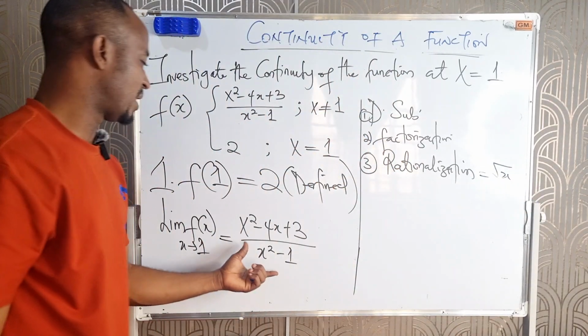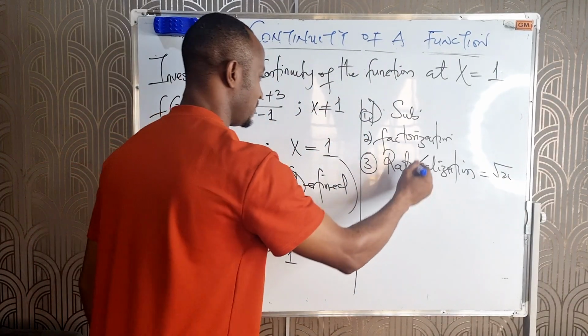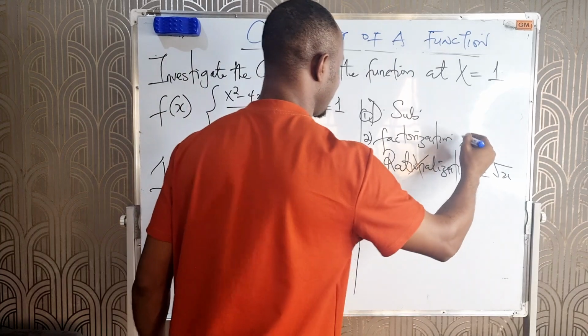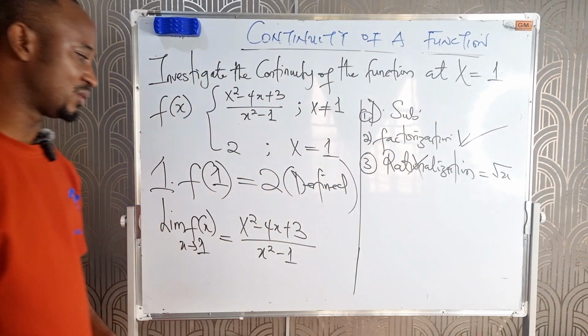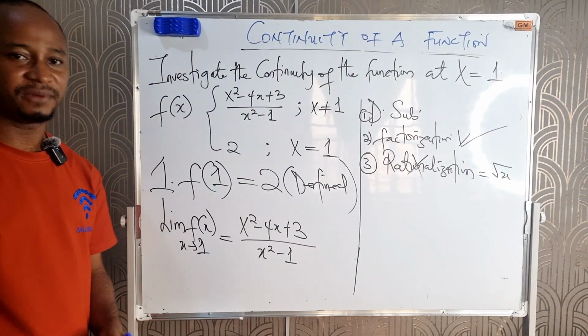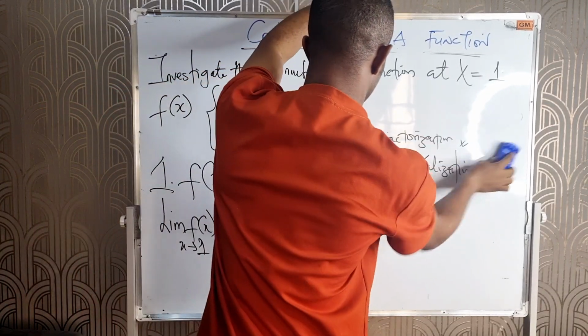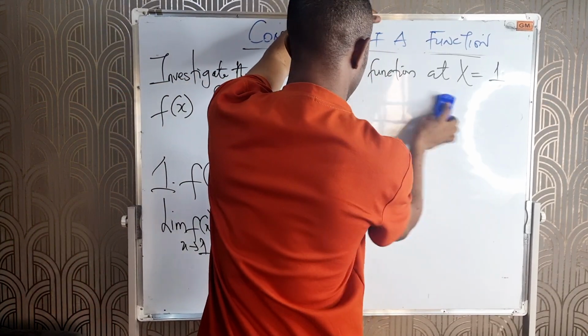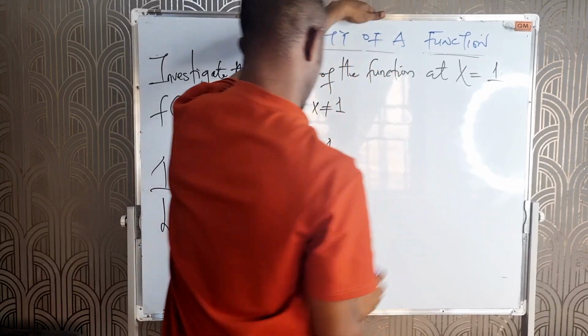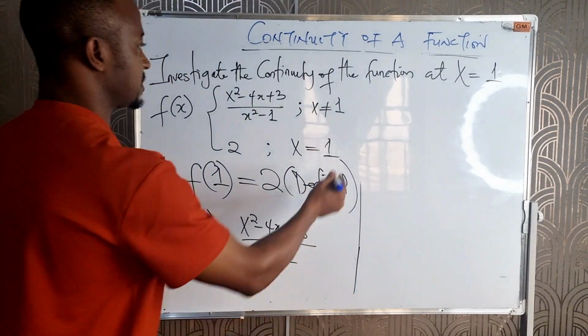There's nothing like a square root here, so I cannot even use this to solve. So I have to factorize this expression to find the limit of my f of x. Please ensure you watch my video on limit of a function. I did a comprehensive full tutorial on limits. It will really help you a lot.